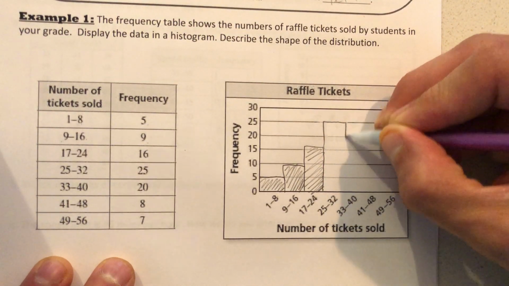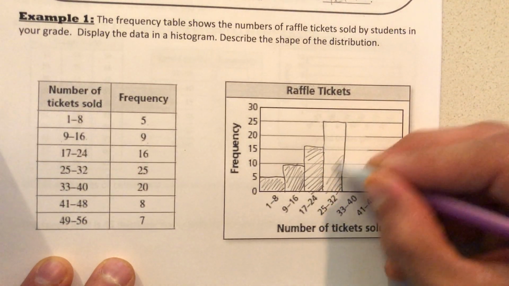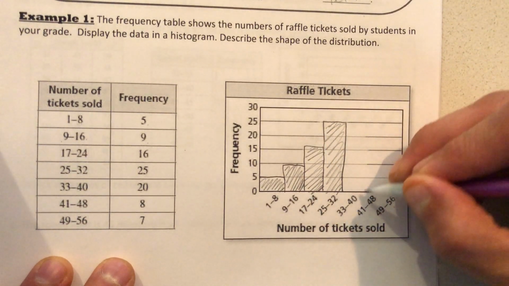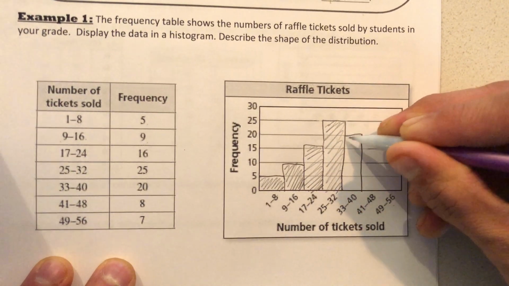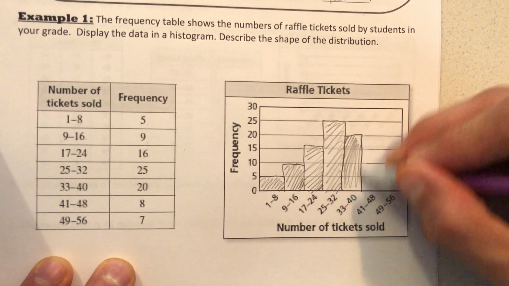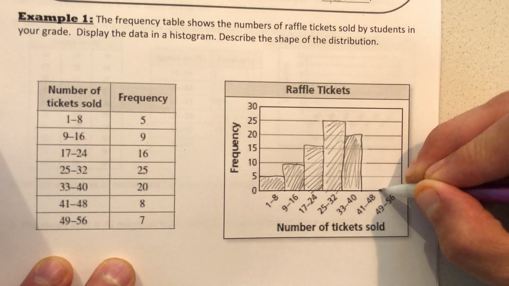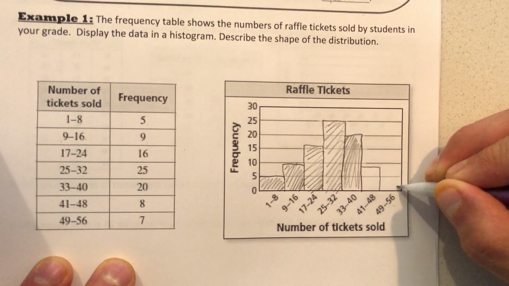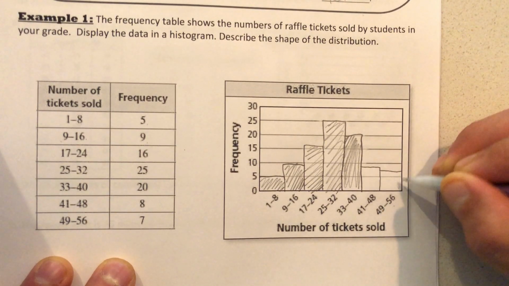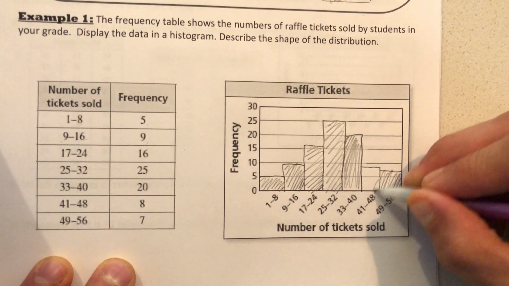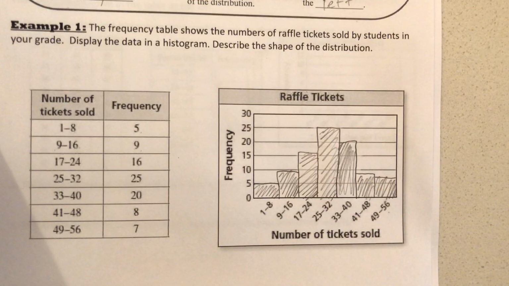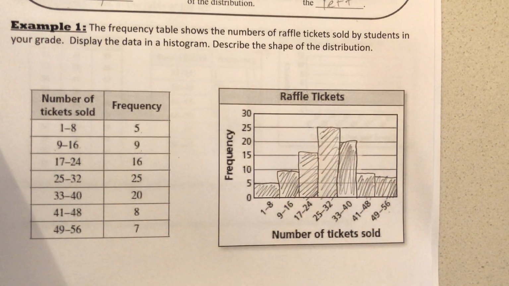And then the remaining bars go up to 8 and 7. So there's our histogram. Pretty simple.